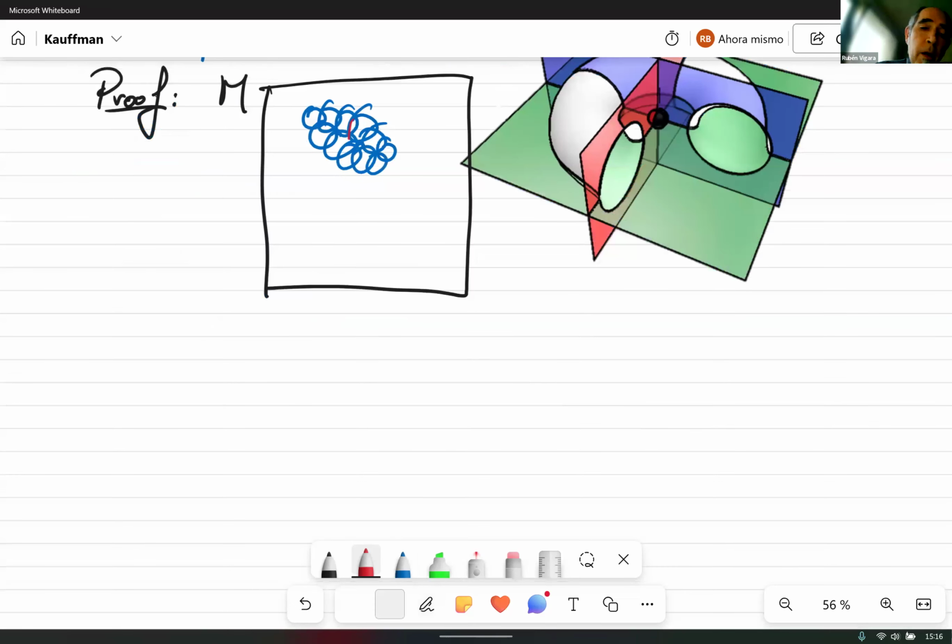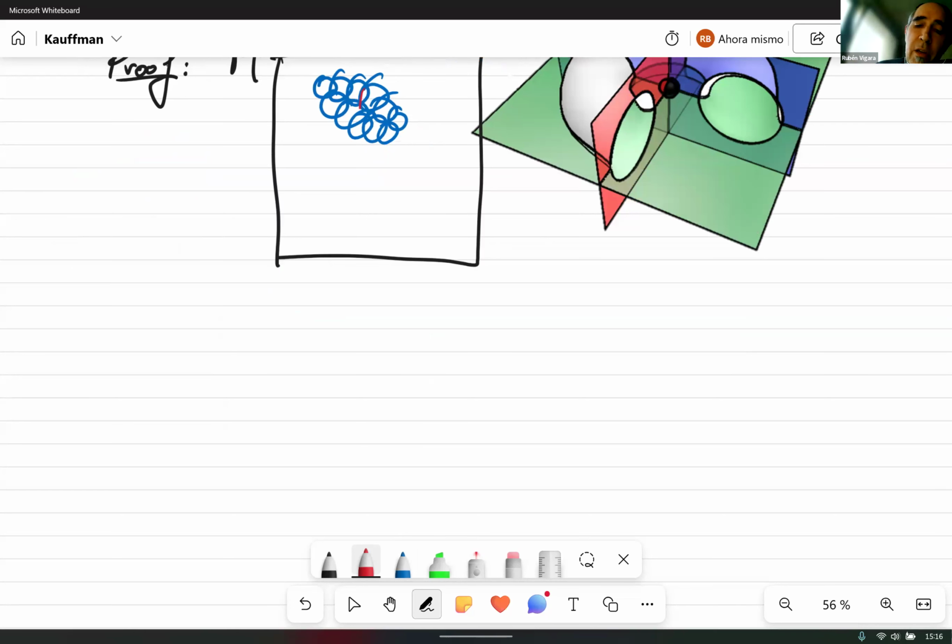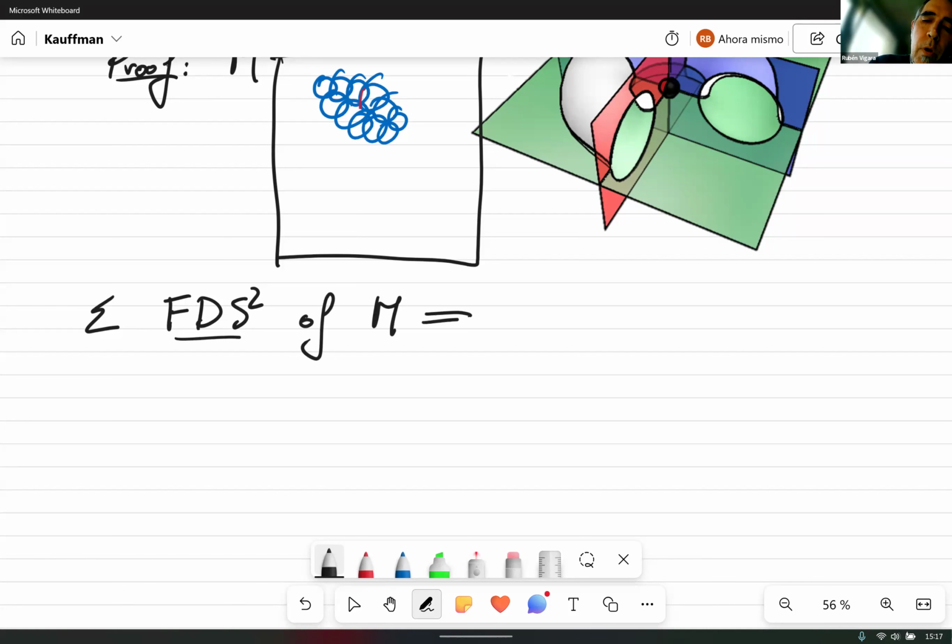So when we have a filling Dehn sphere, let's denote by sigma a filling Dehn sphere of M, then we can build the three-manifold from the Johansson diagram of the sphere.